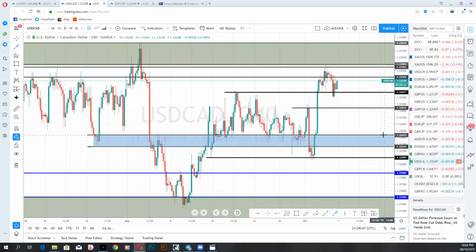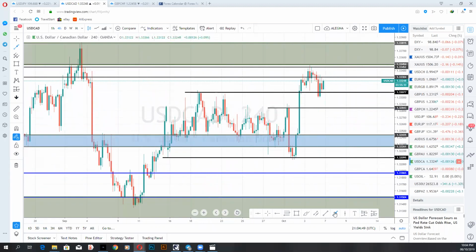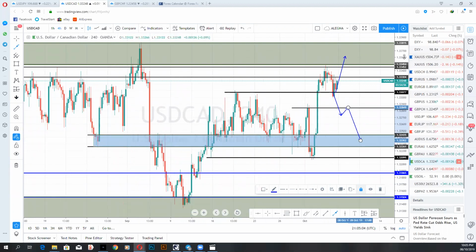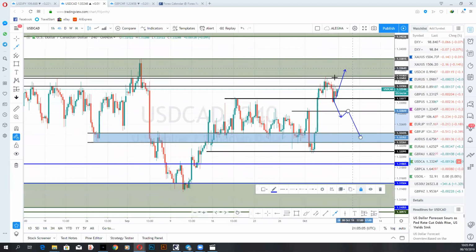The thing with this pair is that it still has the potential to rally up. But should it go below here, then you might see something. So that's the scenario on this pair. It has the potential, but be well aware this area might give price trouble. As you can see, the first time price came close to it, it dropped.